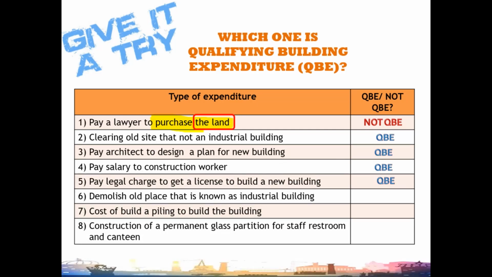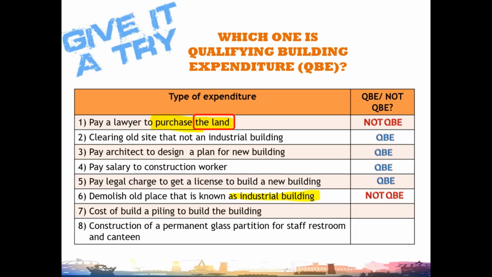What do you think? QBE or not QBE? If your answer is not QBE, you are correct because the place that has been demolished was an industrial building.